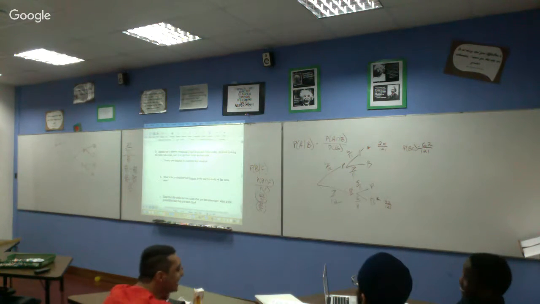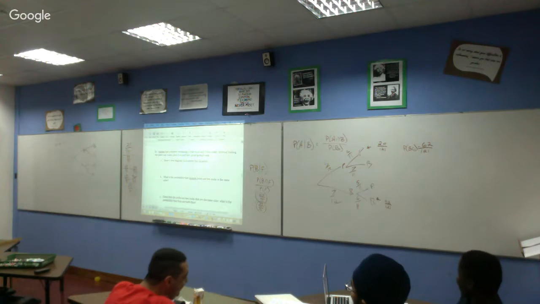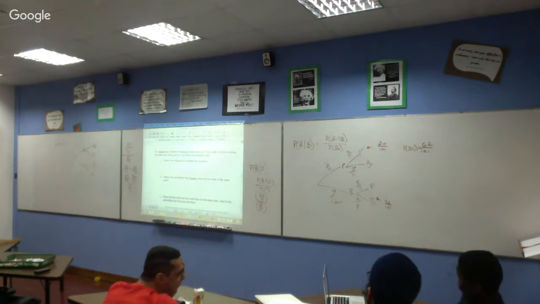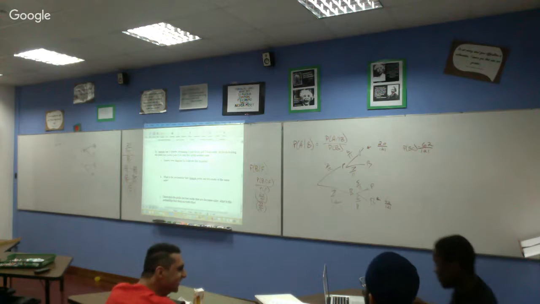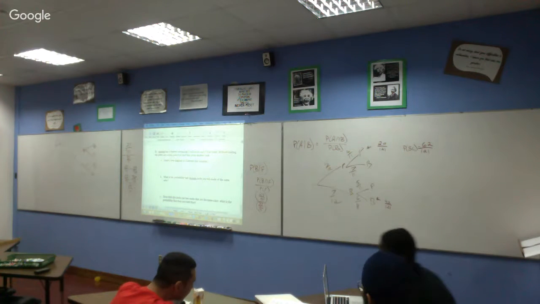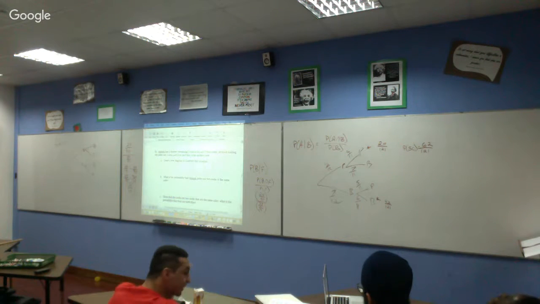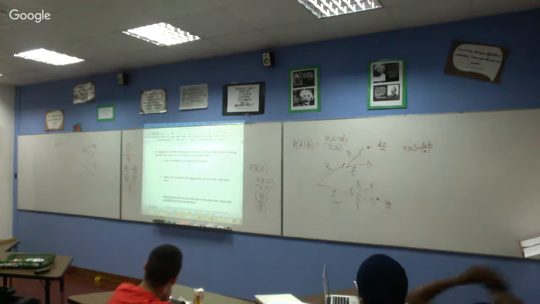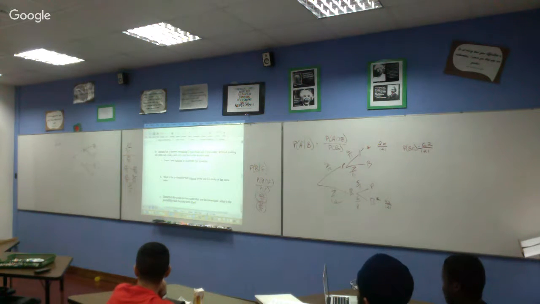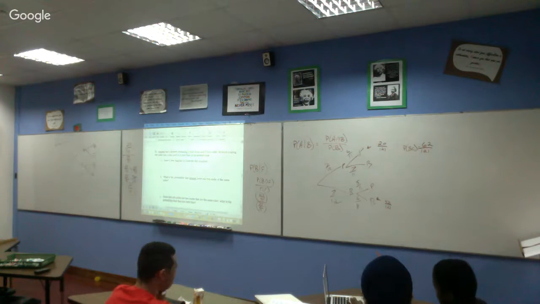How did you know? Yes, but why is it the 42 out of 121 and not the 62 out of 121 or the 20 out of 121? So, what do we have to ask? What's the question that we have to ask?